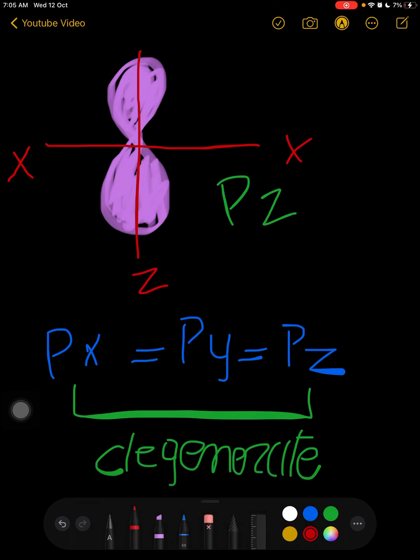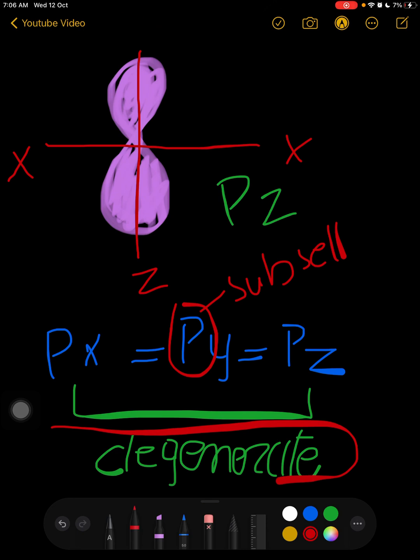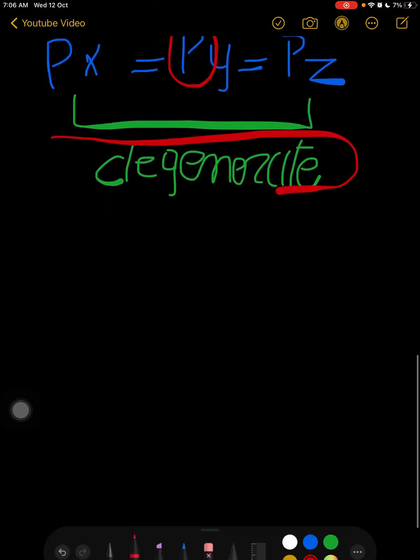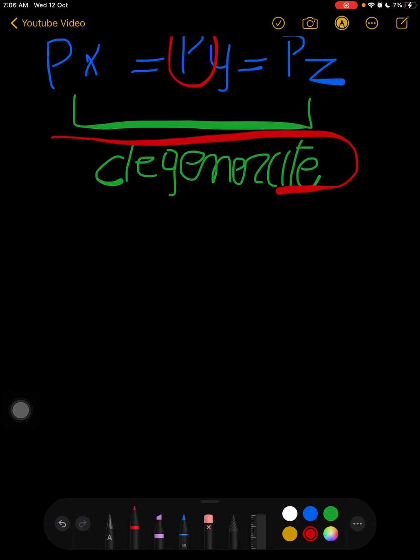They all lie in the same subshell, which is p, right? p is the subshell, or you can say the azimuthal quantum number, which is 1 for p. So these three are degenerate, which means they have an equal amount of energy. The energy is equal in all these three orbitals, px, py, pz. That's why they are known as degenerate orbitals.